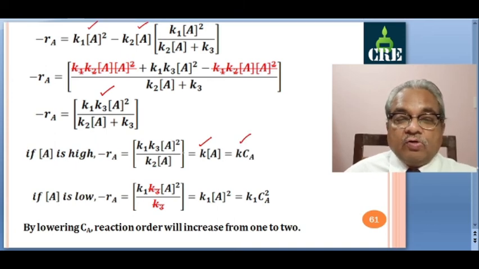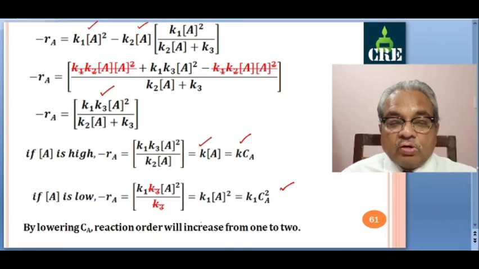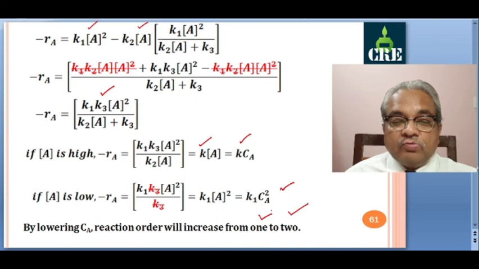So at high concentrations it is K CA. When A is very low, K2 A is negligible and this K3 cancels out, and you get K1 into CA square. So by lowering the concentrations, order will increase from 1 to 2. So it is a reaction of shifting order.